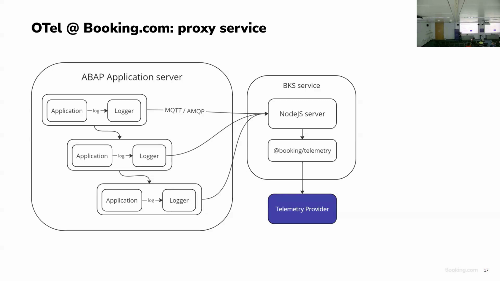We created our own protocol, not the OpenTelemetry protocol, because to implement real OTLP in ABAP would take us maybe years. But we implemented a very simple protocol only for the data we need, basically, which is ABAP JSON.